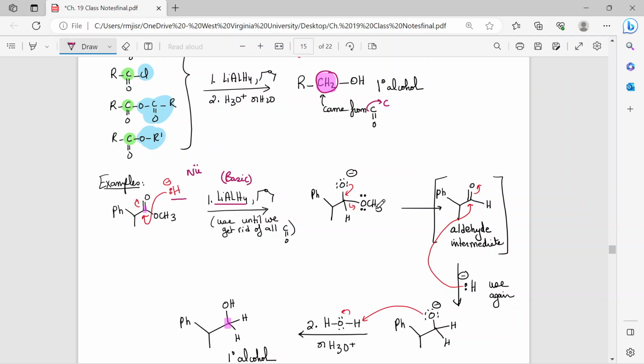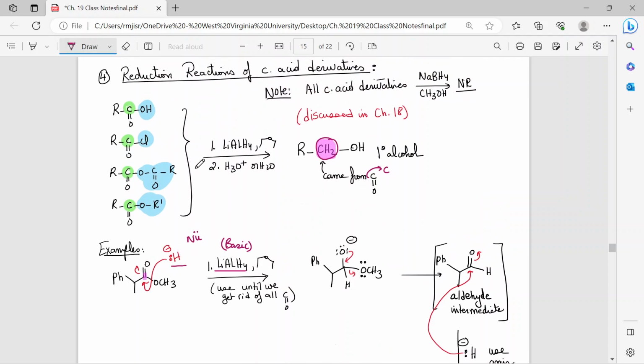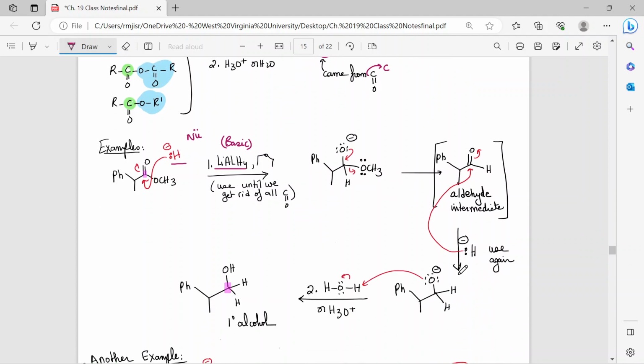Because the medium is basic, the reaction is going to push the OCH3 to leave. The OCH3 now is a good leaving group because it is in the form of a lone pair and the medium is basic. You are always going to create the aldehyde as your intermediate. So in every single one of those, you are going to reach the aldehyde as your intermediate, but the reaction is going to proceed because this is a strong reducing agent.